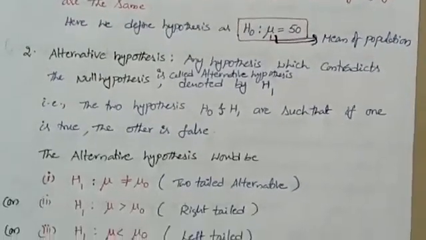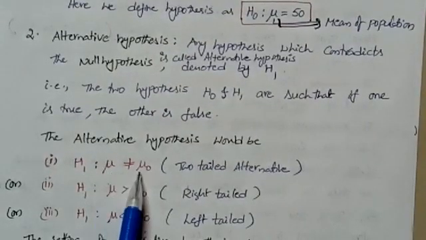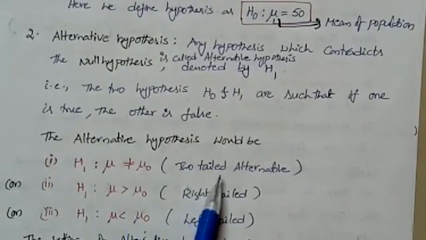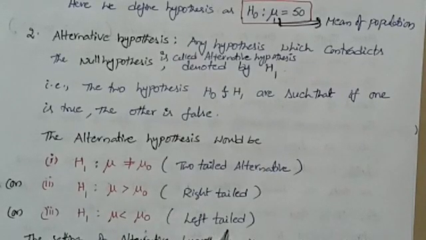Then we can have these cases. If these two are not equal, that is called two-tailed alternative test. If one is greater than the other, right tail test. If one is less than mu naught, that is called left tail test. So here arise one-tail tests and two-tail tests.